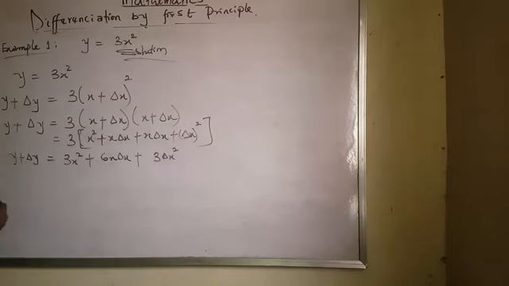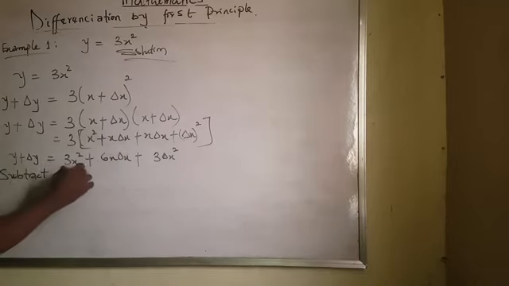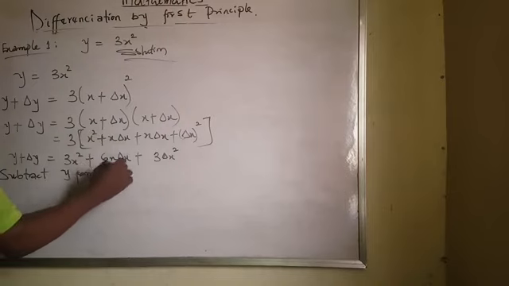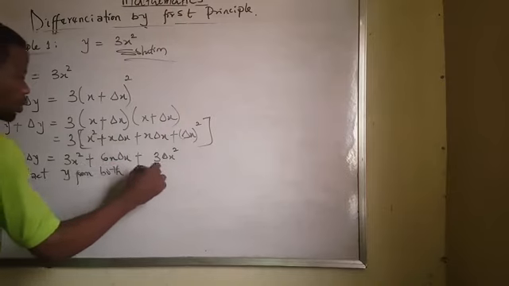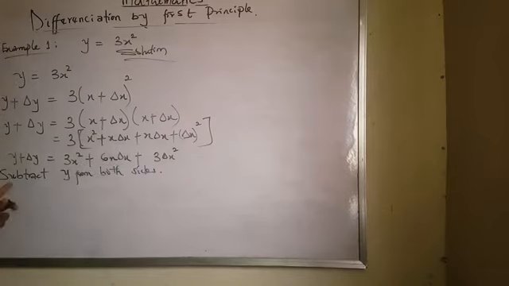So we now subtract y from both sides. Please follow this direction. So here we have y minus y plus change in y. Don't forget, recall y is this 3x squared.